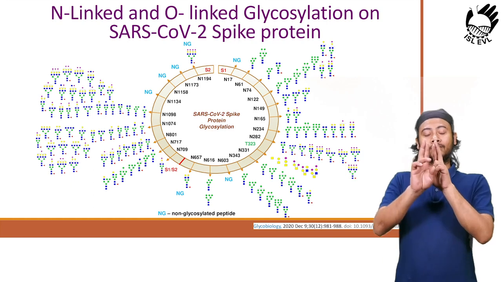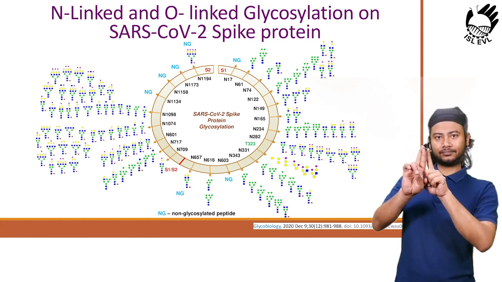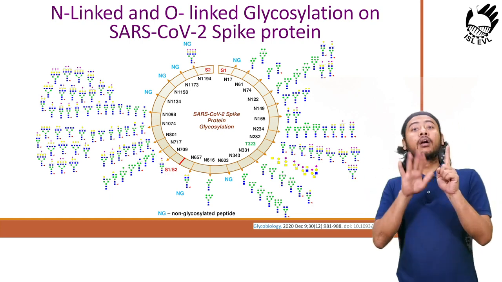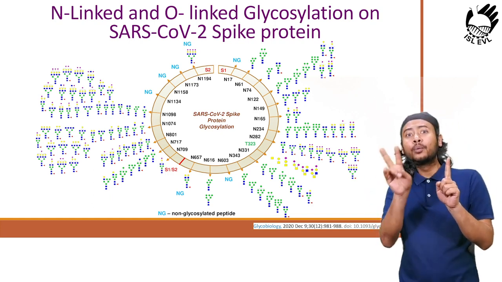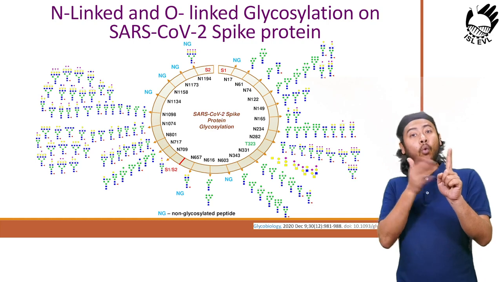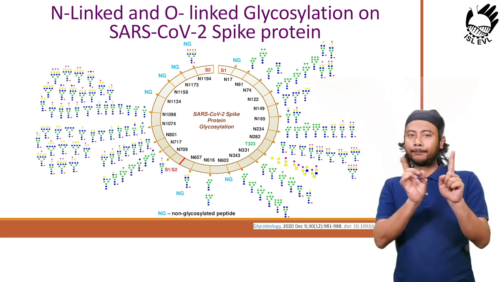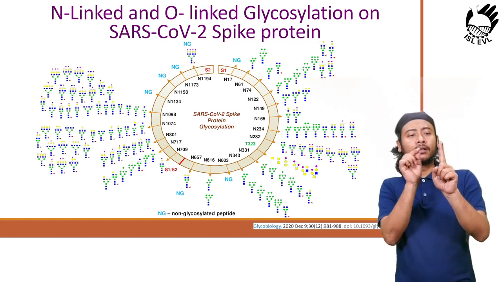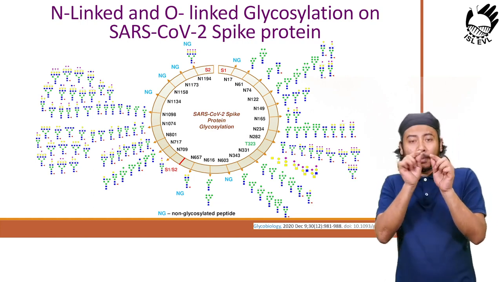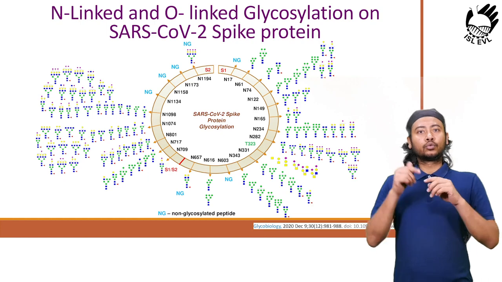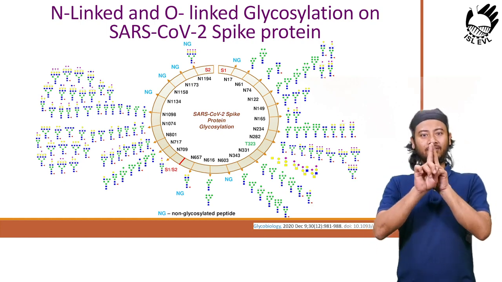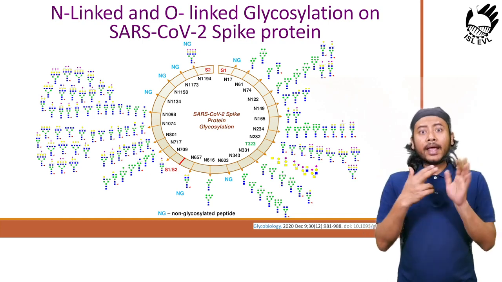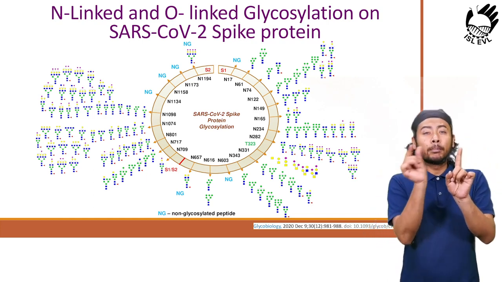So you could see all the 22 sites on SARS-CoV-2 spike protein, and each site is modified by different types of glycans and different numbers of glycans, and they are carrying a different relative ratio. So this will provide overall information about how these glycosylations are present in a given spike protein.